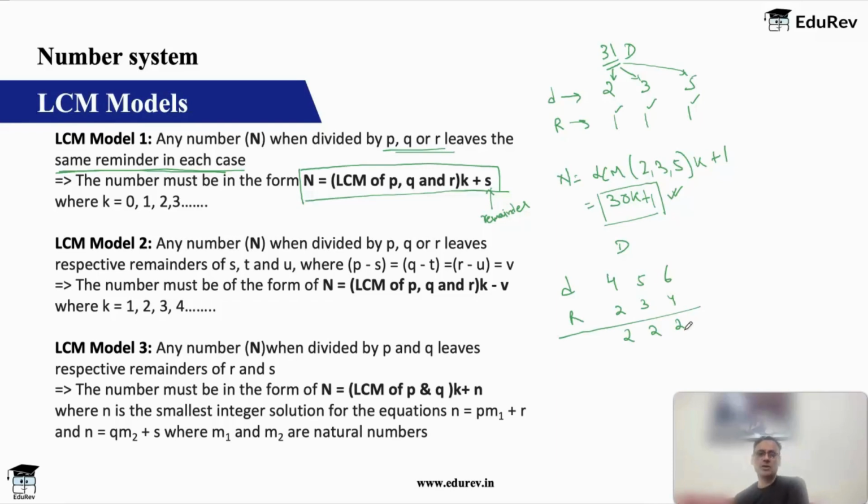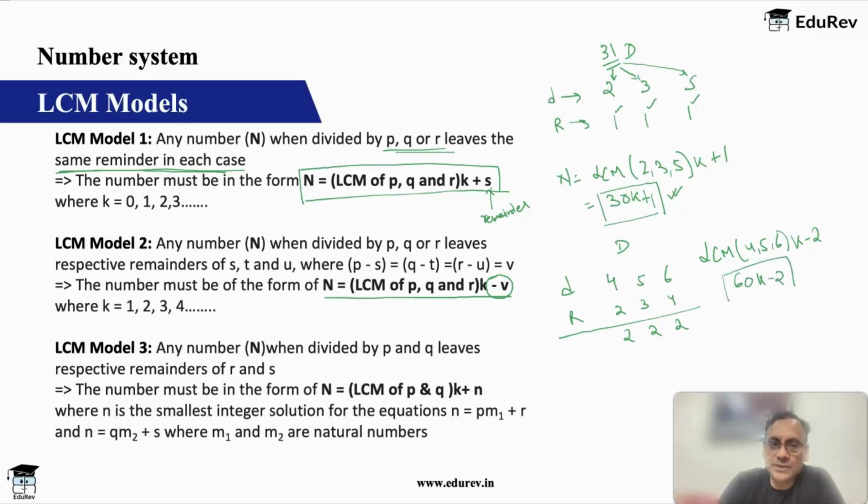This is your LCM model 2. And in this case the answer is again LCM of P, Q, R into constant, same part, but minus that common difference. So here my answer should be LCM of 4, 5, 6 k minus 2. Okay, 4 and 6, their LCM is 12, 12 and 5 it is 60, so 60k minus 2.